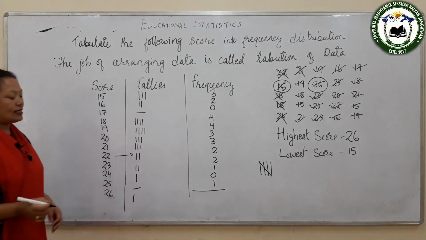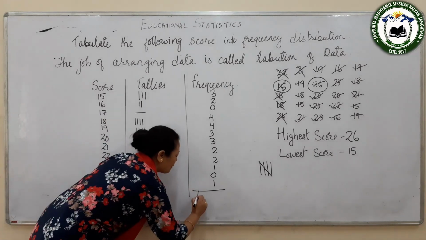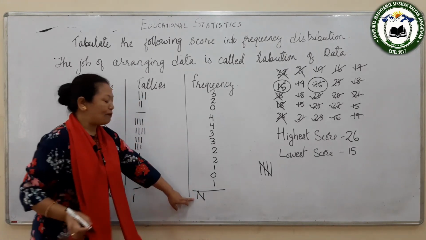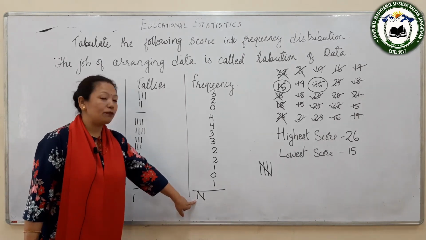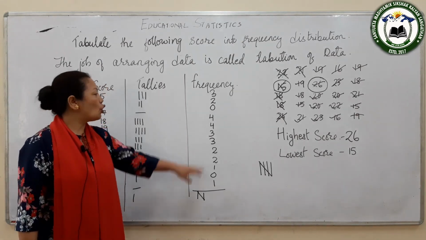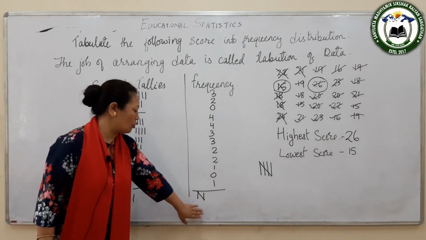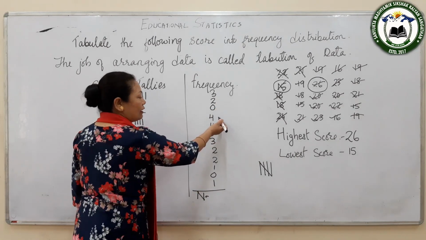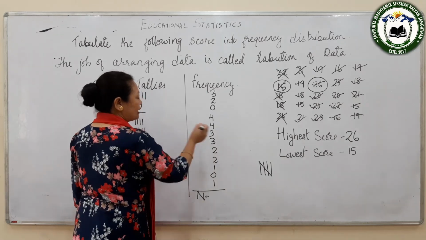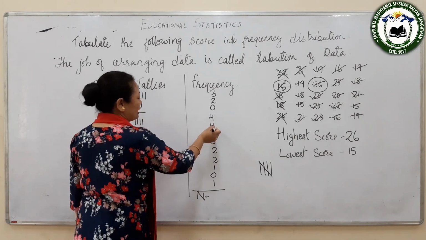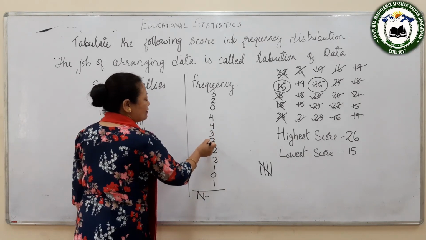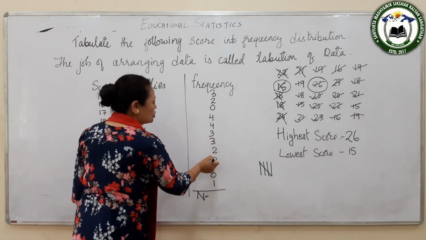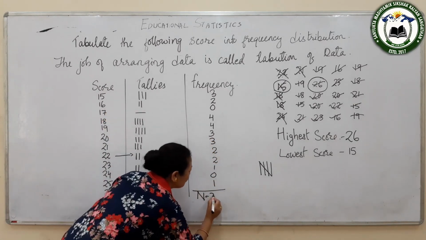Below this frequency, you need to write capital N. Remember, this is very important. Capital N means total number of the score. Now count all these numbers: 2, 3, 5 and 4, 9, 9 and 3, 13, 9 and 4, 13, 14, 15, 16, 17, 18, 19, 20, 21, 22, 23, 24 and 25.